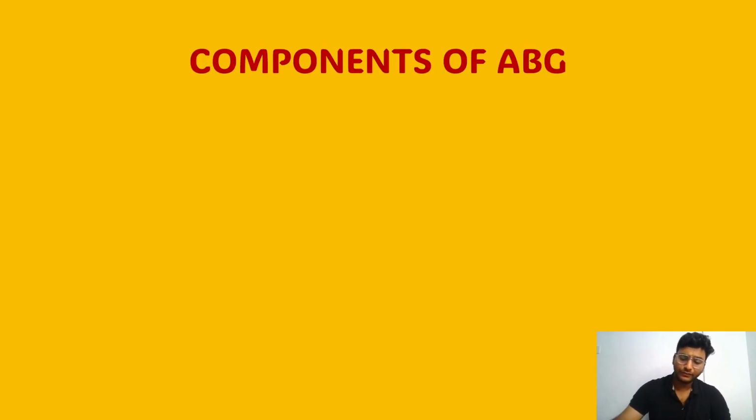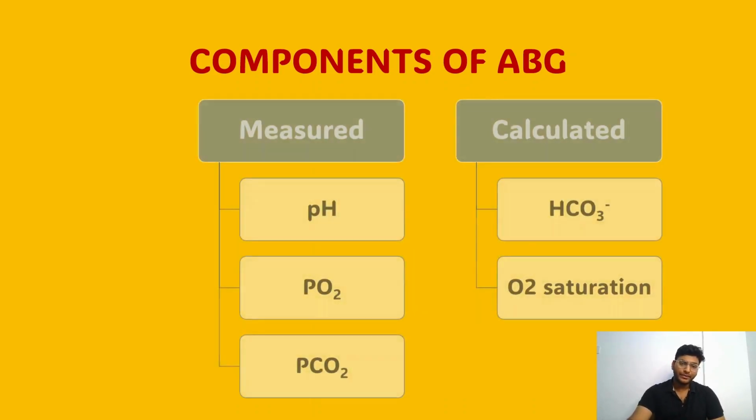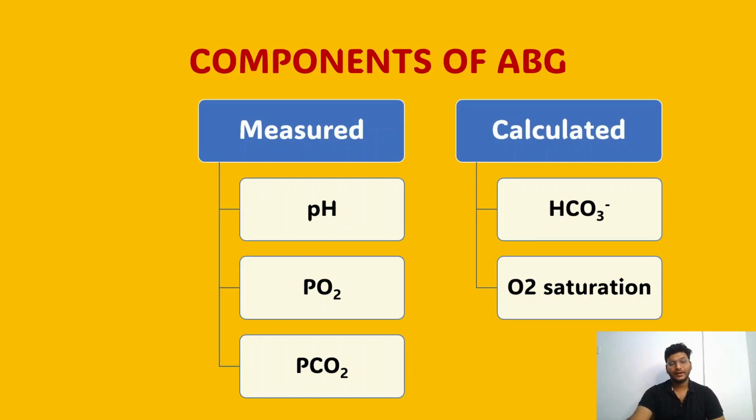What are the components of ABG? The components of ABG are broadly divided into measured values and calculated values. The measured values are directly measured in the blood. These are mainly the pH, partial pressure of oxygen, and partial pressure of carbon dioxide. The calculated values in the ABG are the bicarbonate and saturation.